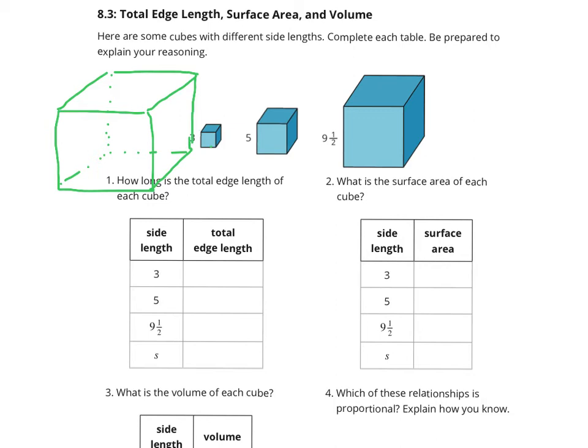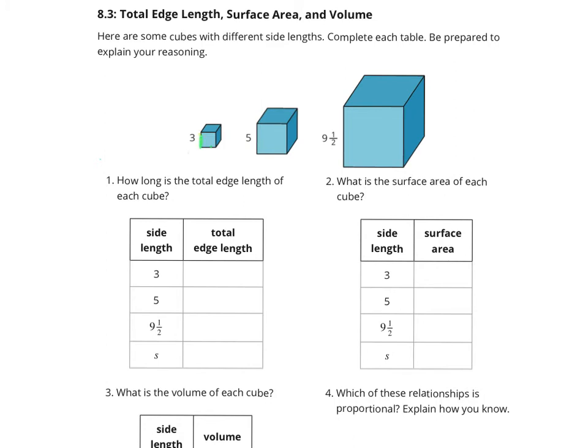The first question is asking, how long is the total edge length of each cube? So what that's asking is, if I take the edge of that cube and add up all of the different edges, how long is it? So let's see. For that cube, that's 3.